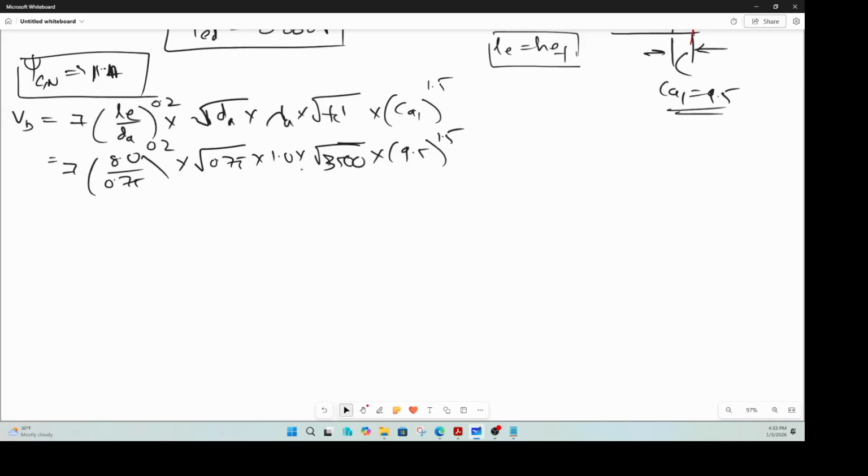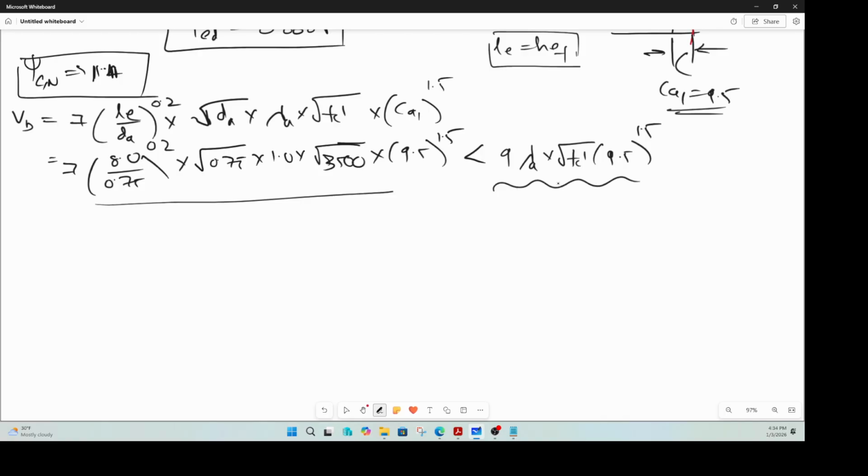This is one thing, but there is also an upper limit in the code saying that this value should be less than 9 lambda A times square root of FC prime, times 9.5 to the power 1.5. I calculated this before, so that value is not governing. In this case, this value is governing because that is a lower value, and it comes out to 15.59 kips, right?